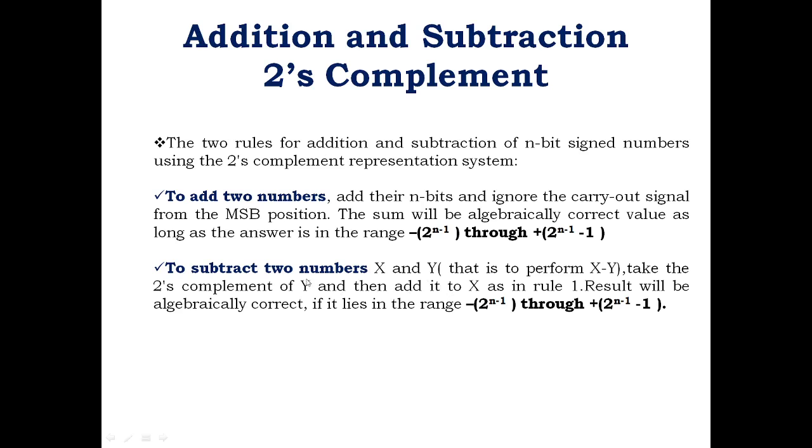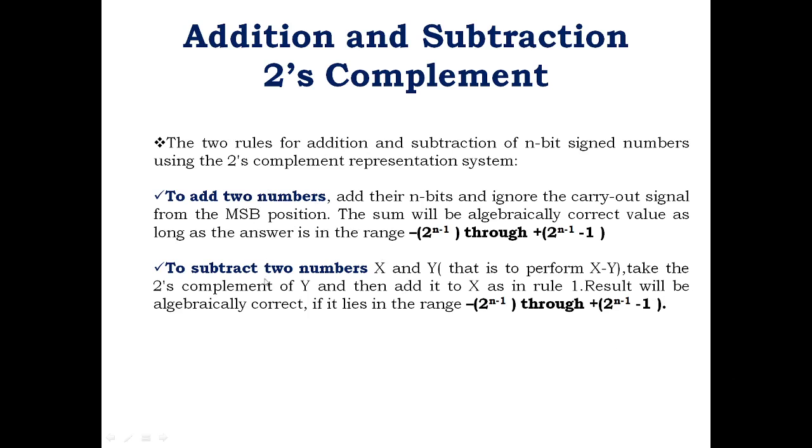That is the 2's complement of y, and then add it to x as in rule 1. So minus y we represent in 2's complement form, then add the result to the value x, just like in rule 1.